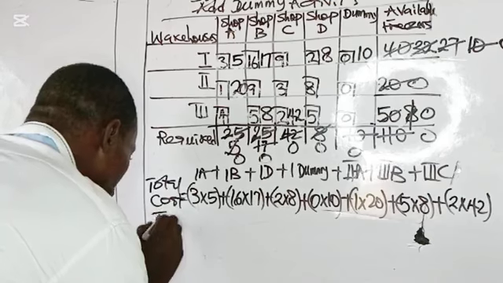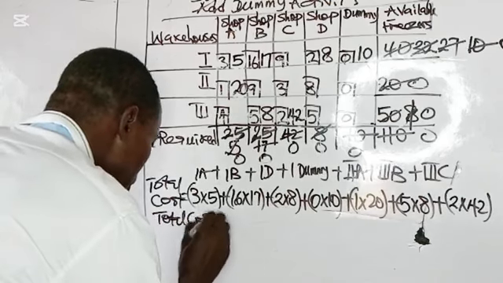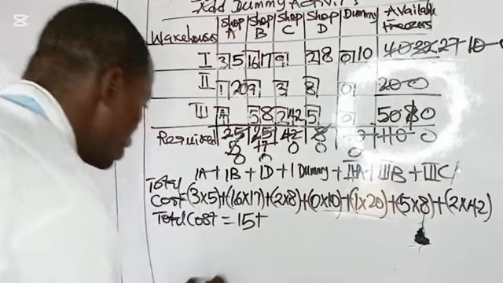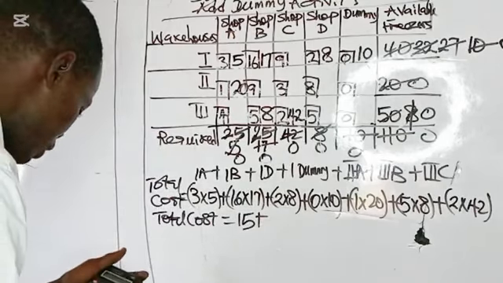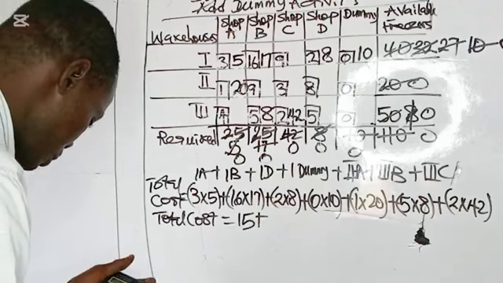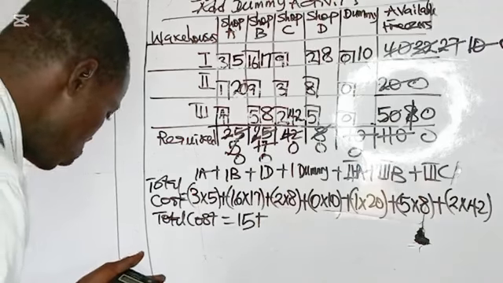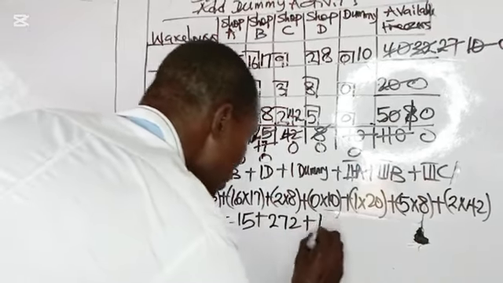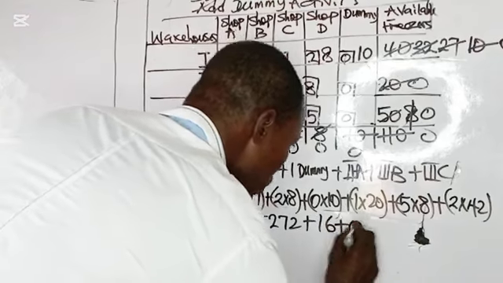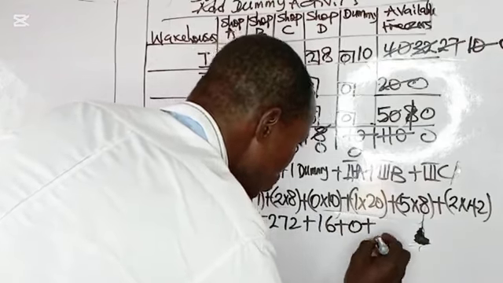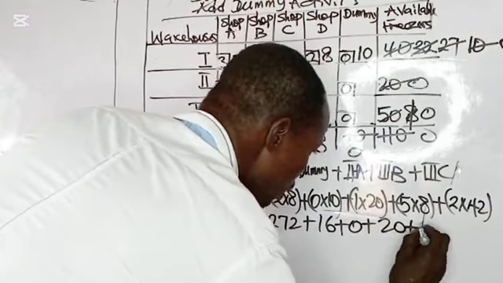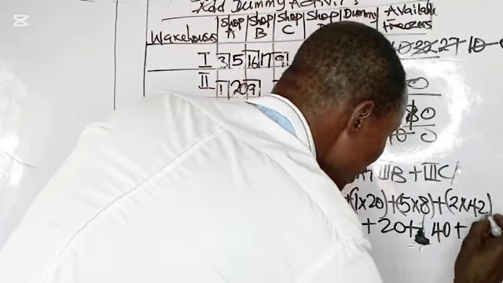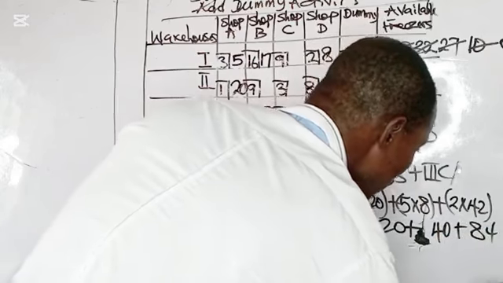Total cost of transportation: we have 3 times 5, 15, plus 16 times 17, that is 272, plus 2 times 8, 16, plus 0 times 10 is 0, plus 1 times 20, that is 20, plus 5 times 8, 40, plus 2 times 42, that is 84.